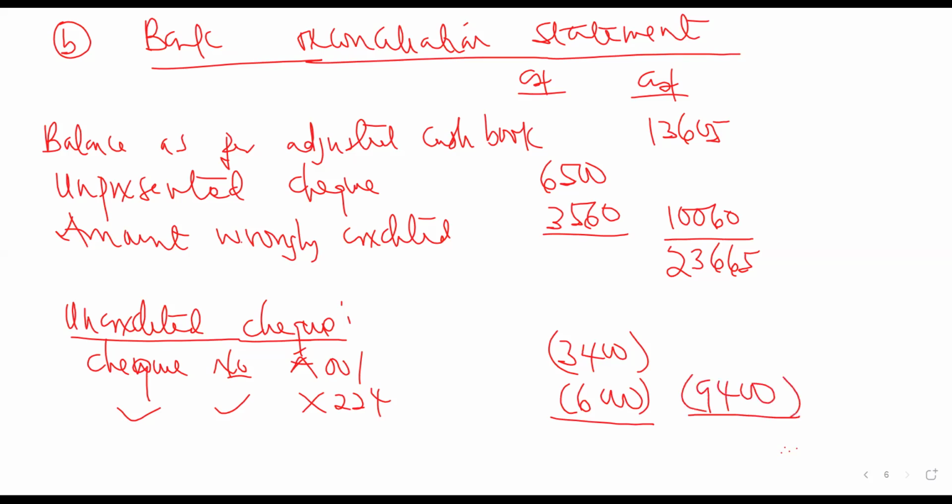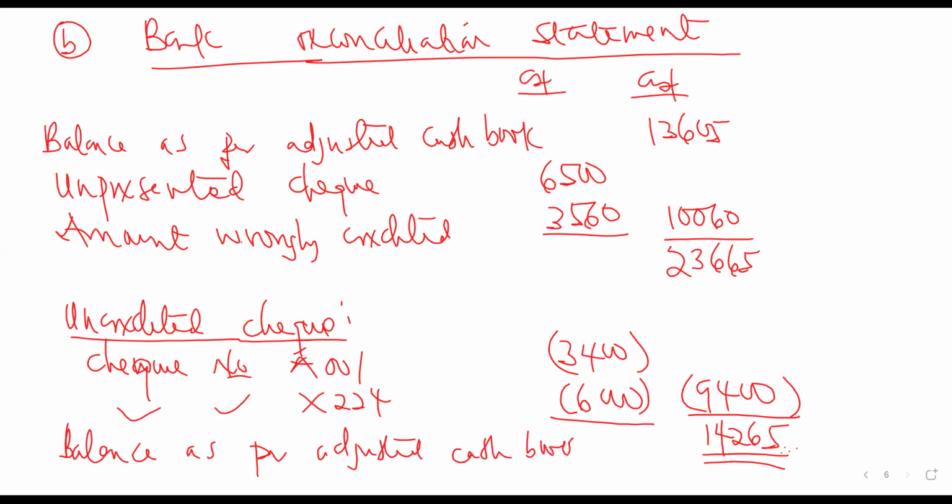So if we subtract it, what are we getting? 14,265. Okay, so that will be the balance as per adjusted cash book.